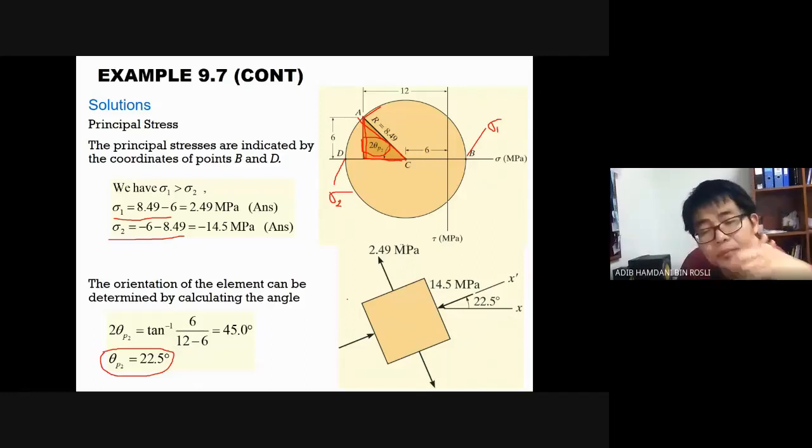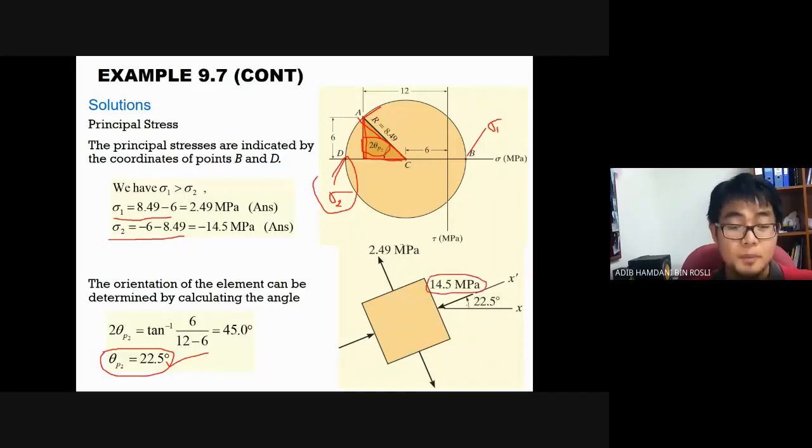What does it mean? It simply means, from this x-axis, you rotate 22.5 degrees anti-clockwise, and you will reach this sigma 2, so on this x prime axis you have this 14.5 megapascal compression, which is sigma 2, right?